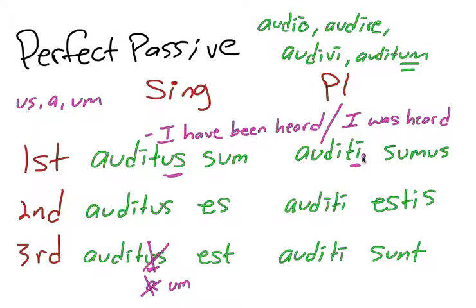Okay, and then in the plural, auditi sumus, we have been heard. Auditi estis, you all have been heard. And auditi sunt, they have been heard. Okay, so let's go back to this point about the genders. Say I wanted to construct this sentence. Okay, the men have been heard.